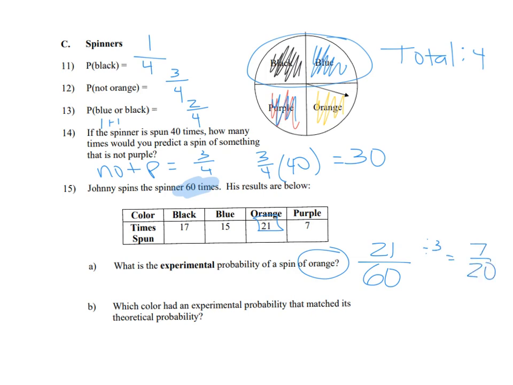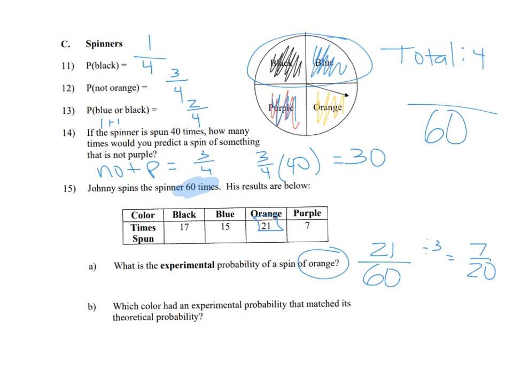And then finally, which color has an experimental probability that matched its theoretical probability? All right, so out of 60, what's the probability of each of them? So if we were to spin 60 times, how many would we expect each of these to be?